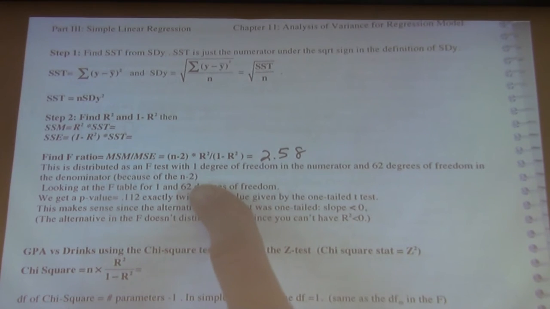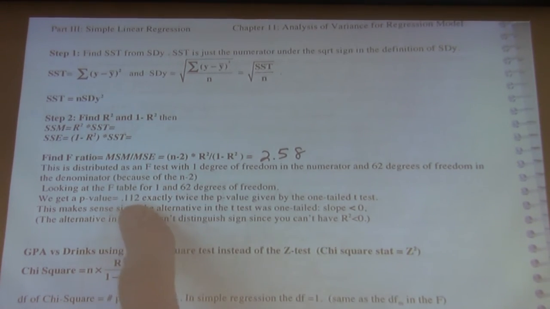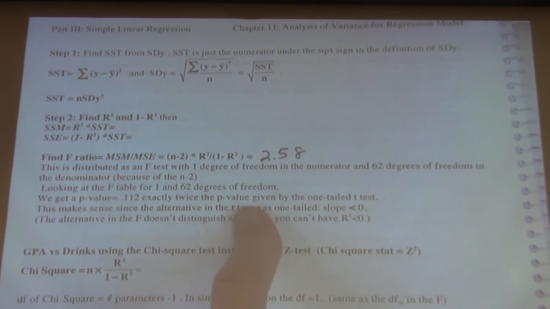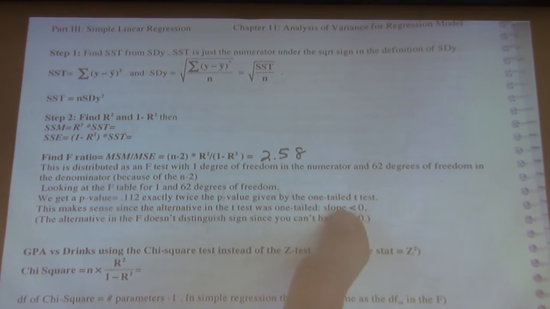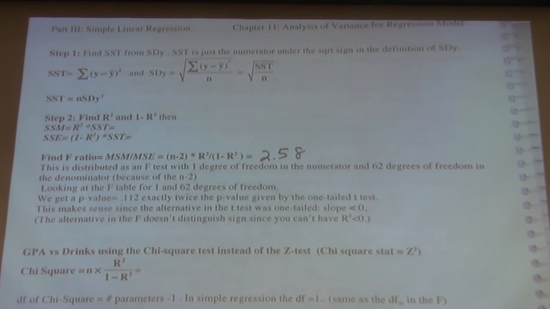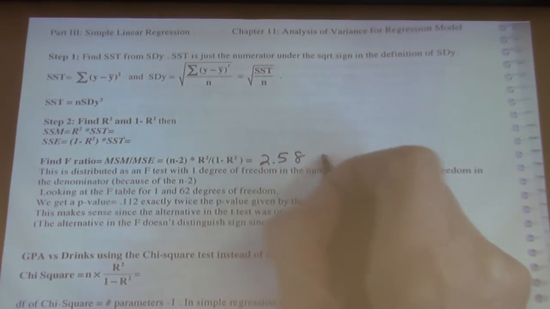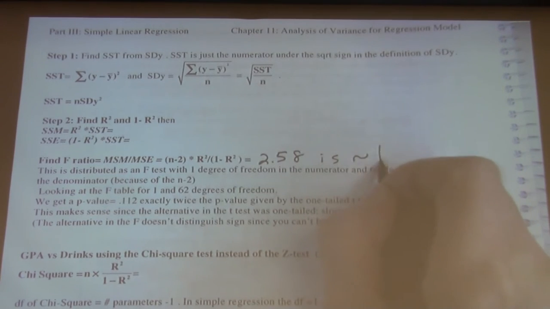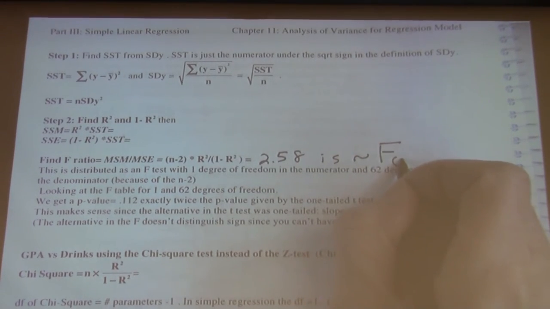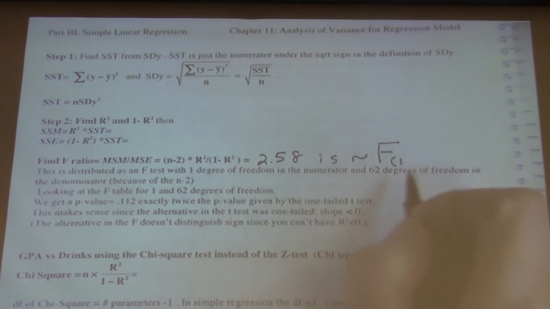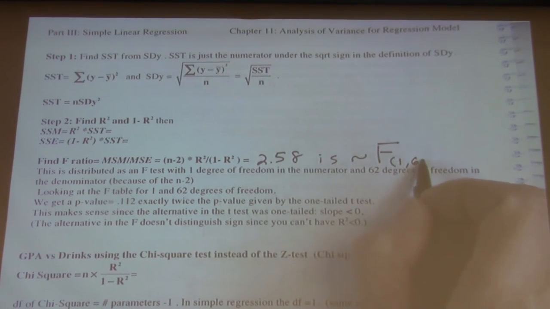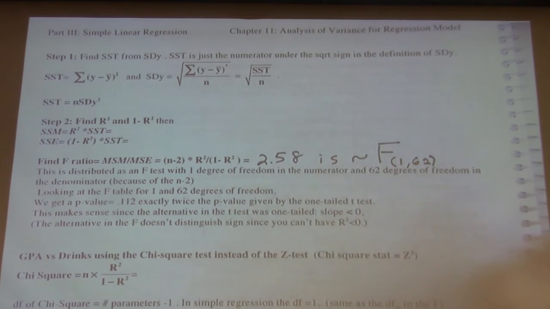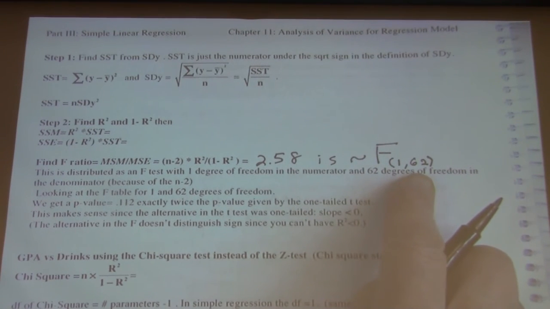Okay? So how did we get the p-value of 0.112? And it's exactly twice the p-value given by the one-tailed test. So this is distributed, that's what that means, as an F with 1 degree of freedom in the numerator and 62 degrees of freedom in the denominator.